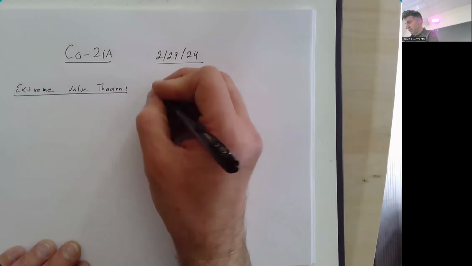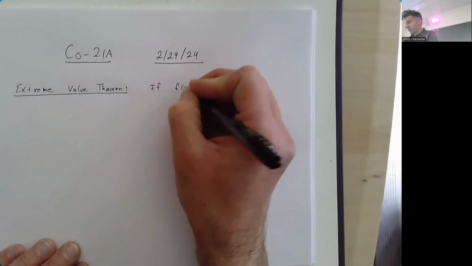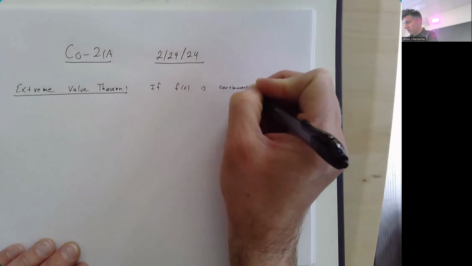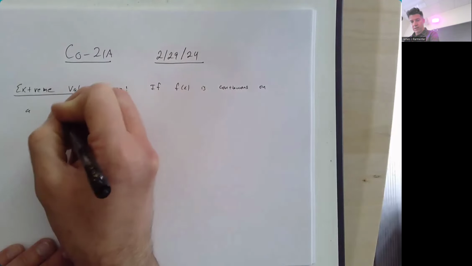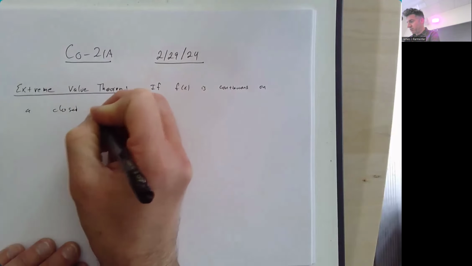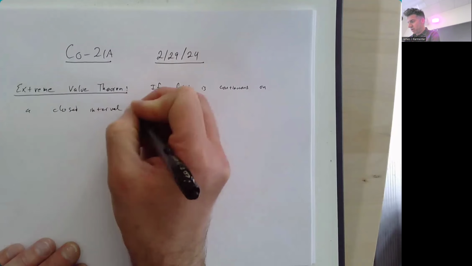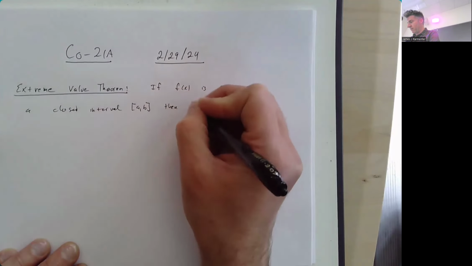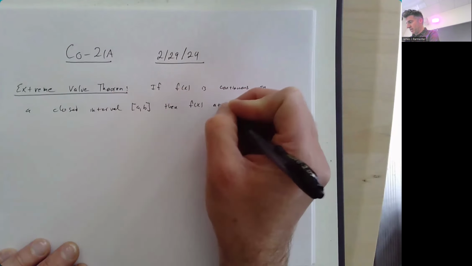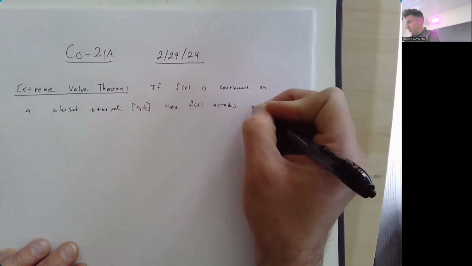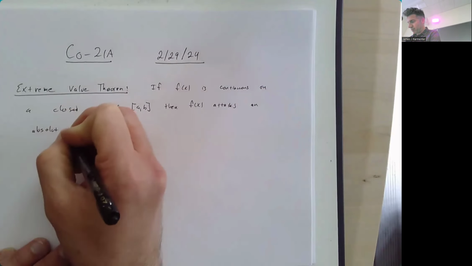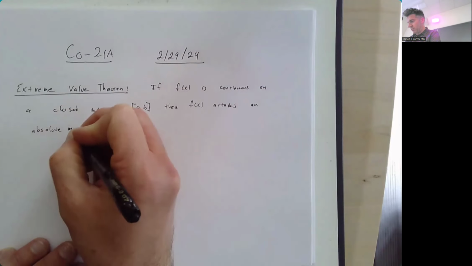So if f of x is continuous on a closed interval [a, b], then the function f of x attains an absolute maximum and an absolute minimum.